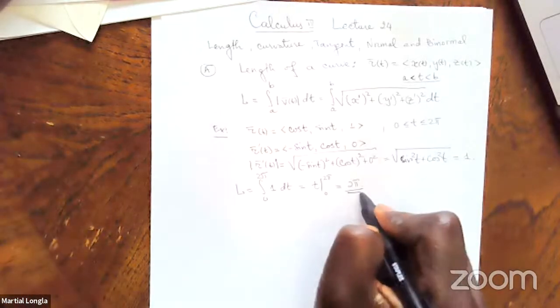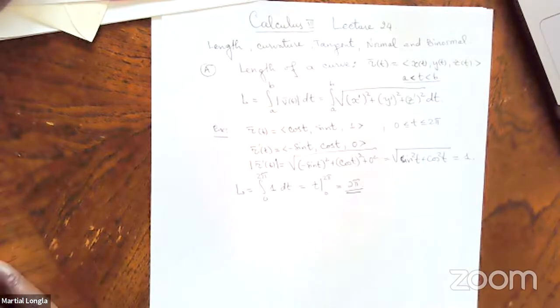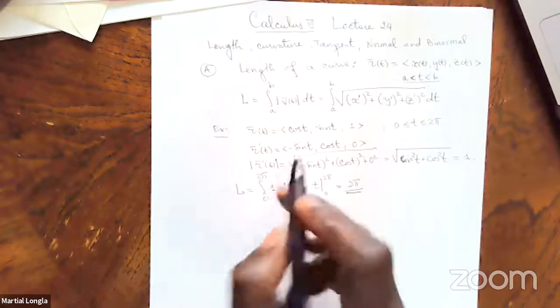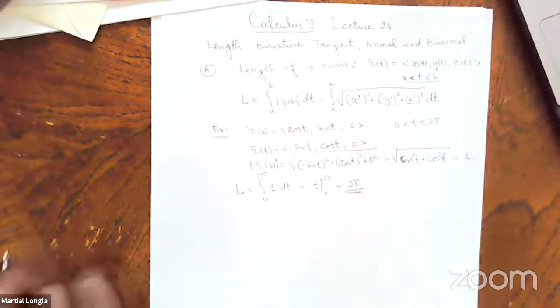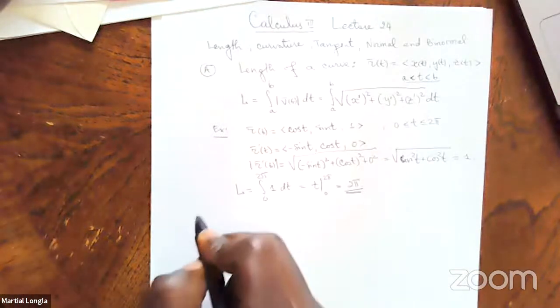And you know that the perimeter of a circle, what's the formula? Two pi times the radius. And this radius here is 1. That's why you get that, okay?